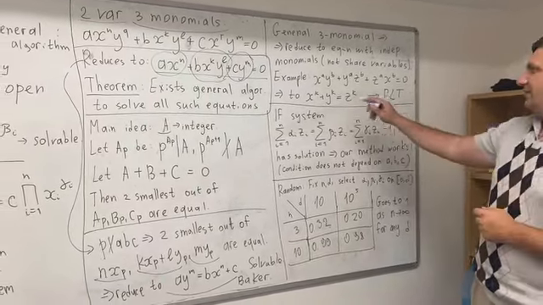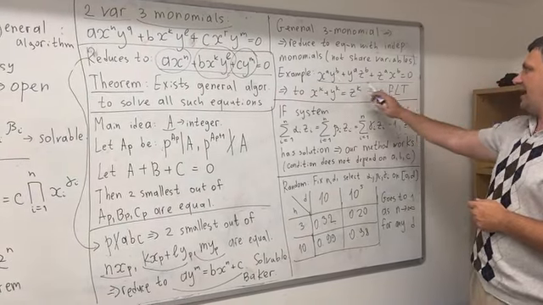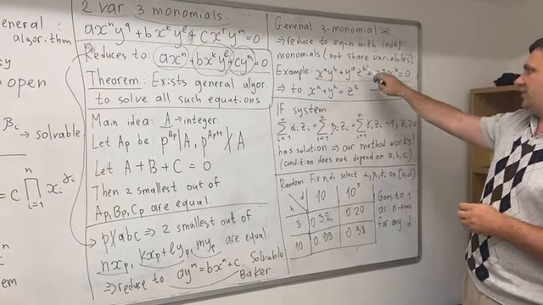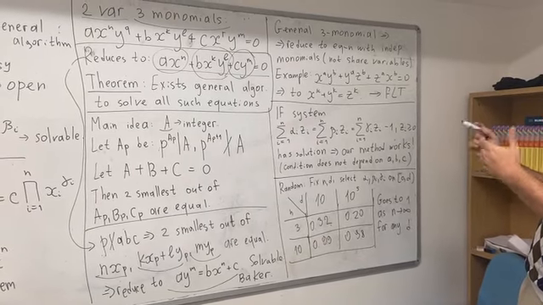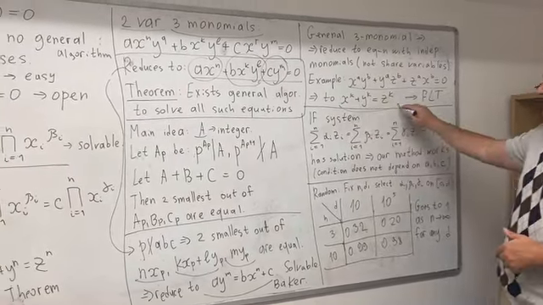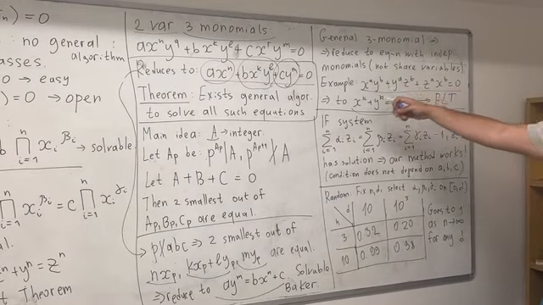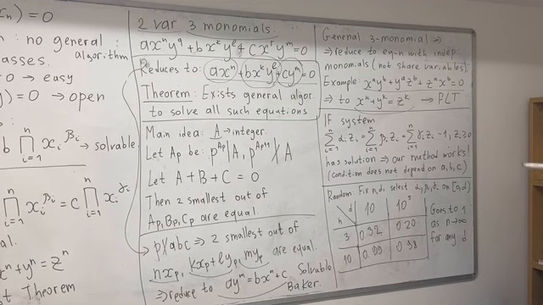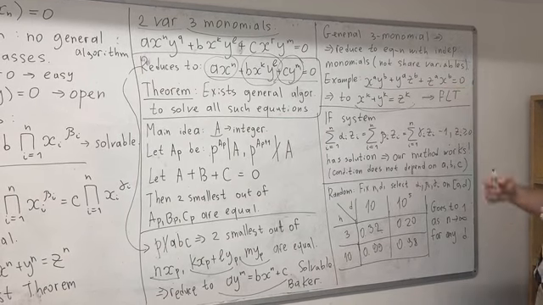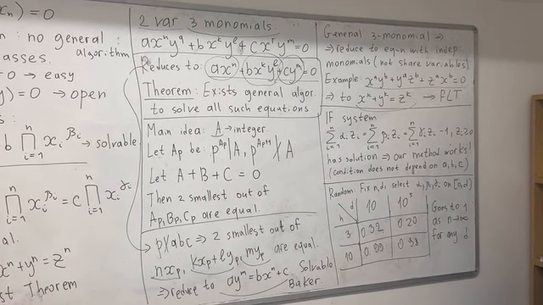For example, an equation of this form, x^a y^b plus all permutations, like this. We apply this method and reduce to this equation, which we know how to solve by Fermat's theorem. So this allows us to solve the original equation as well.